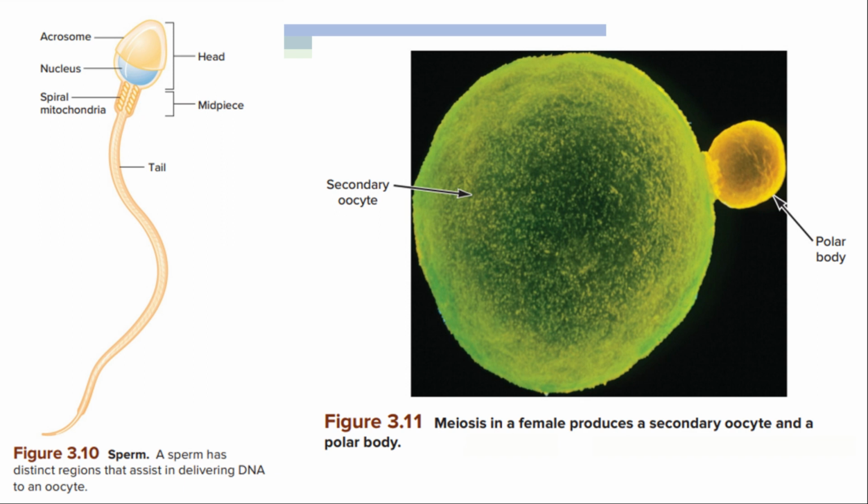Let's have a closer look at our human gametes. Look at the left side of the slide, showing you the structures of the mature human sperm cell. It consists of a head, a midpiece, and a tail. What are present in the head? The nucleus, at itong isang special na organelle, we call it an acrosome. The acrosome is a modified organelle.